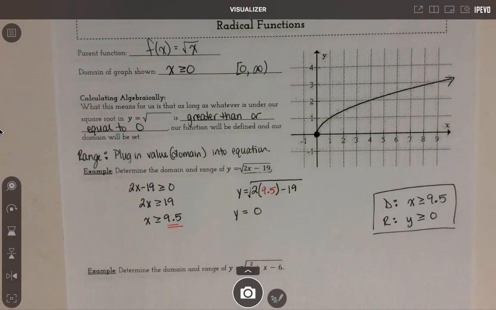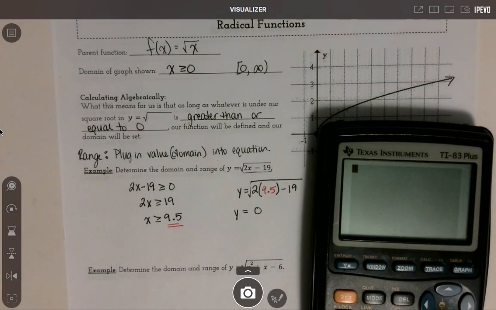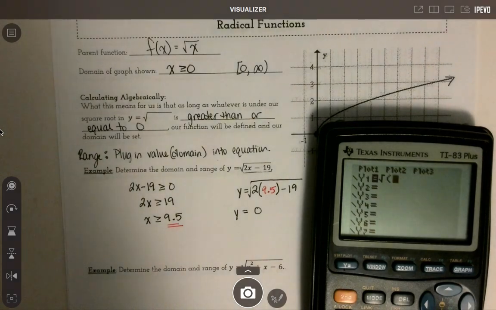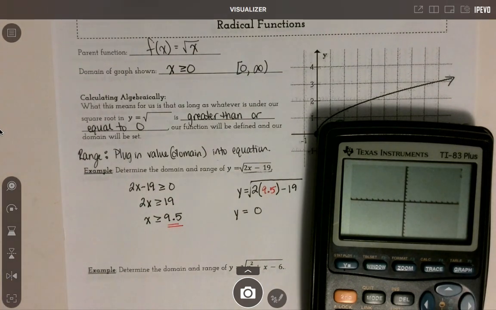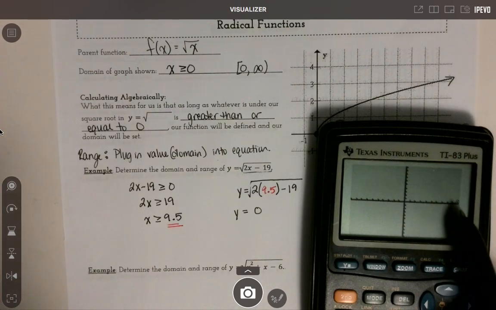Then I just want to double check that. So I'm going to grab my graphing calculator, and I'm going to type in my equation into my y equals. I hit y equals, and I'm going to do my square root of 2x minus 19. I'm going to graph that out. You'll see it's right here.